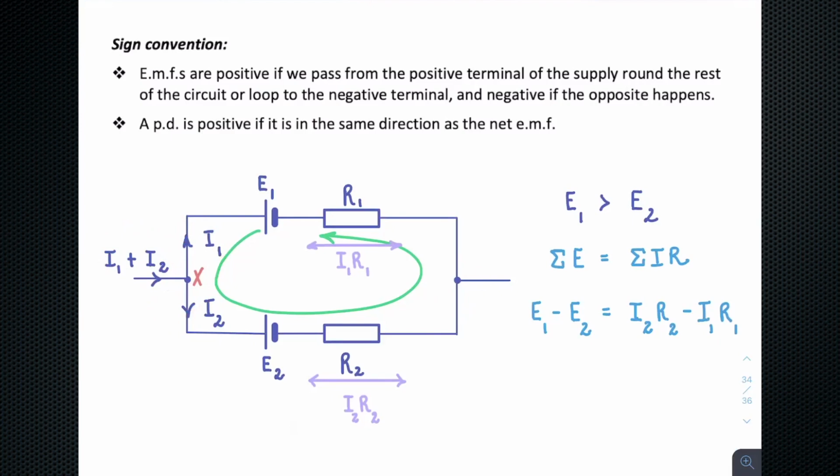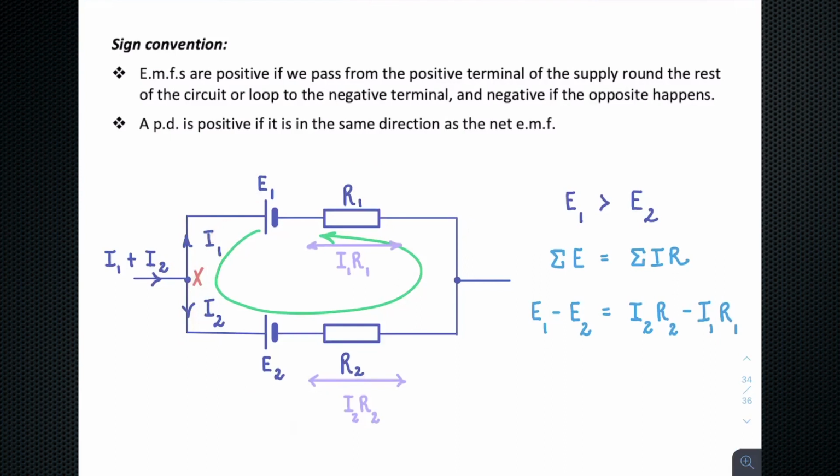Now let's apply the second law. Sigma E is equal to sigma IR. So the sum of EMFs is equal to the sum of PDs around this closed loop. So, as we said, first we must decide on a way to go around the loop.